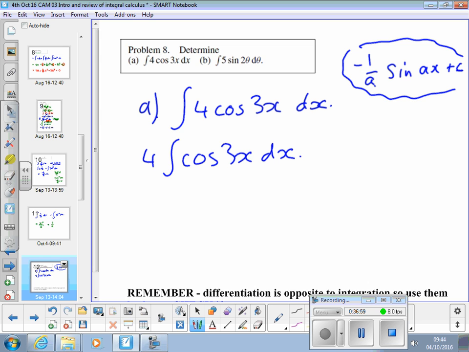So we're looking at 4 times minus 1 over 3 sine 3x plus c. Everyone agree with that?